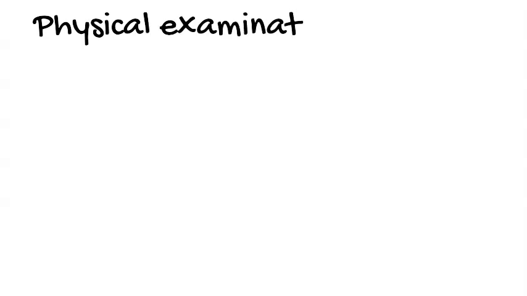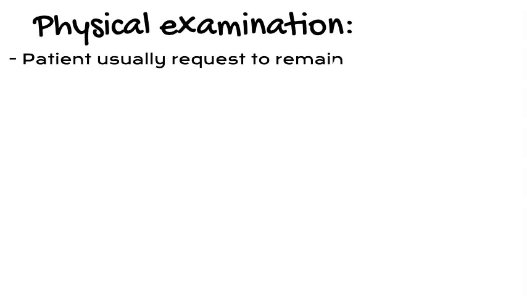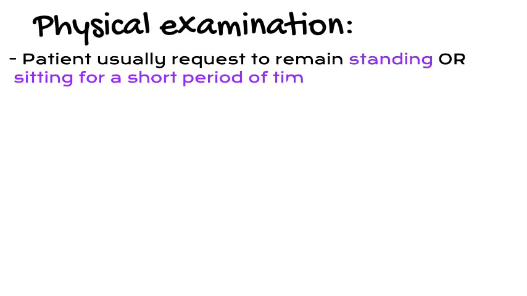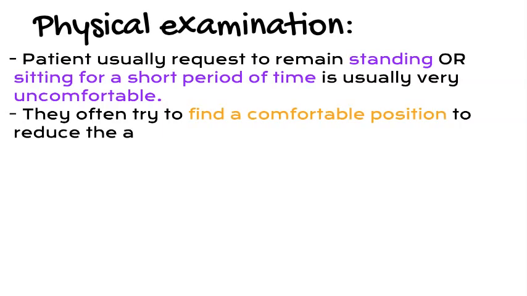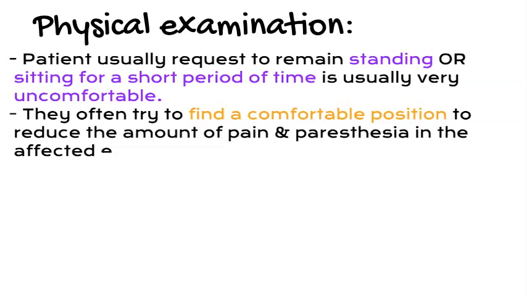For physical examination, patients usually request to remain standing or sitting for a short period of time. It is usually very uncomfortable. They often try to find a comfortable position to reduce the amount of pain and paresthesia in the affected extremity.